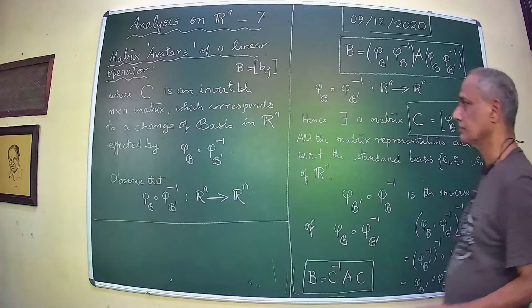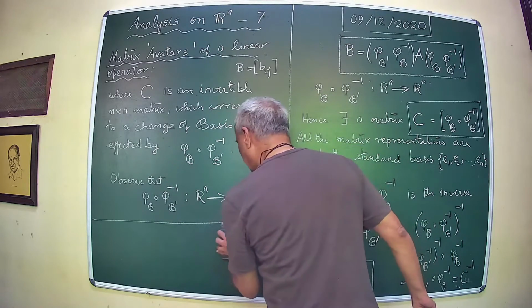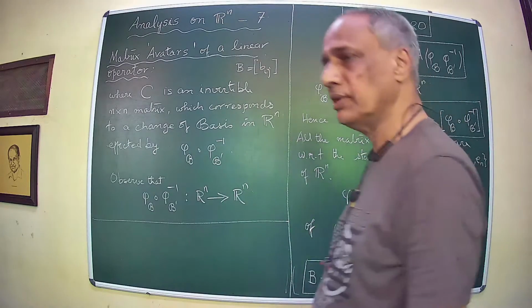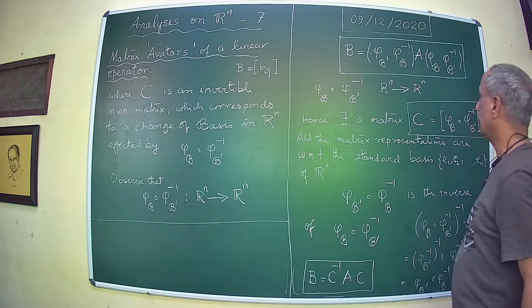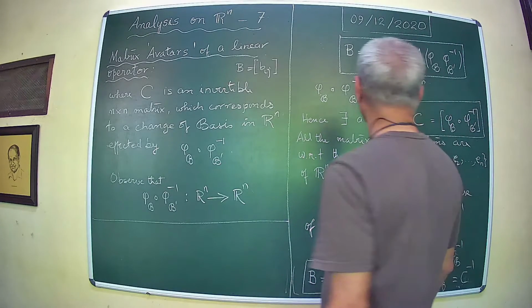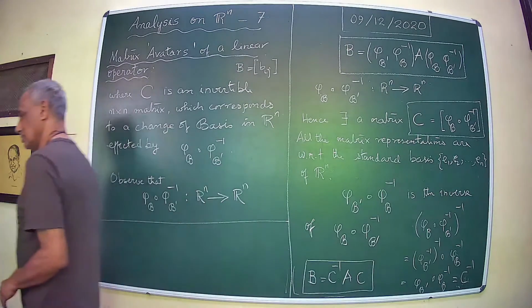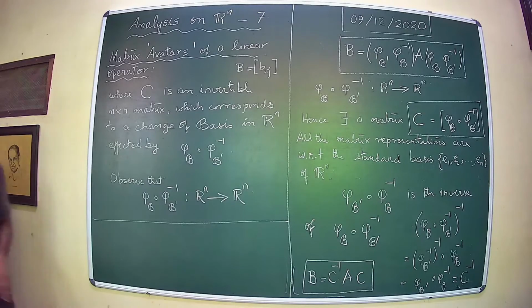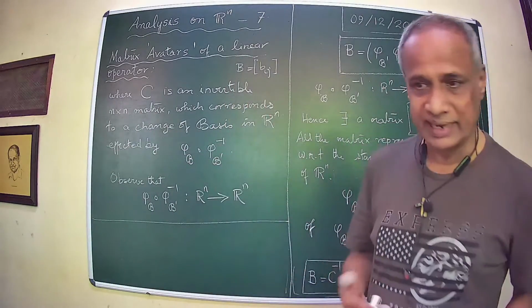Therefore, you see that it is connected through an invertible matrix to a change of basis. So A and B cannot be arbitrary. They are related through an invertible linear transformation or an invertible matrix.